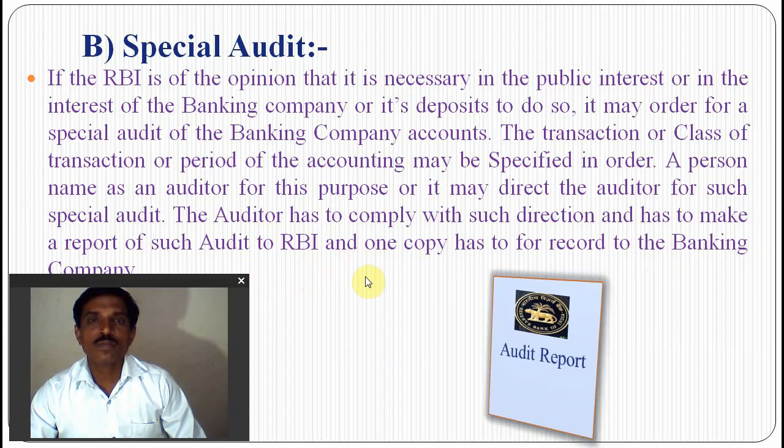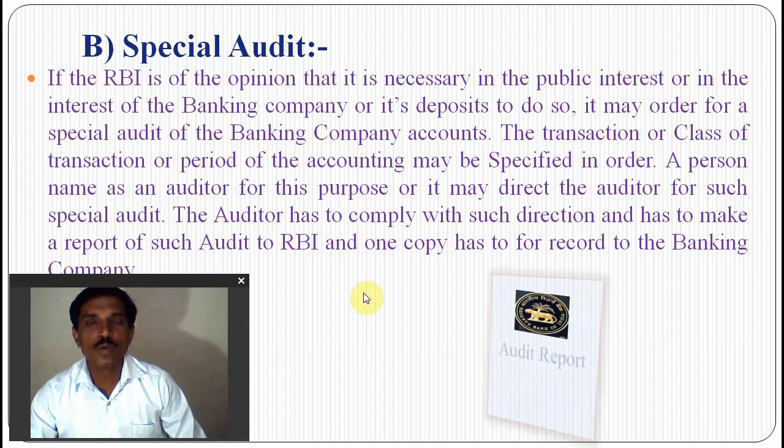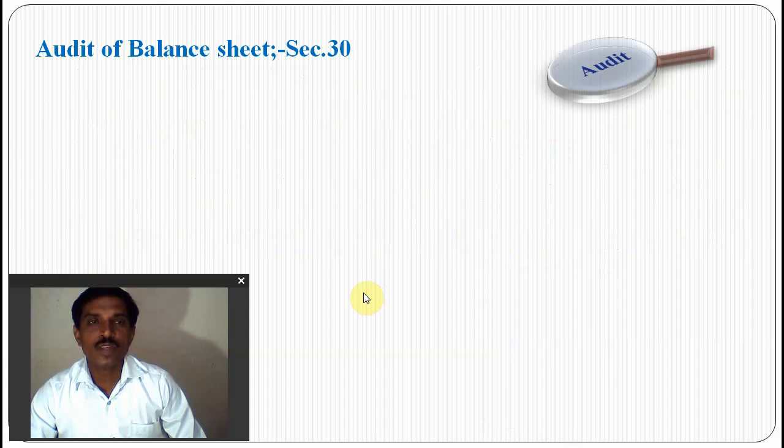So in the case of an emergency, in the case of insolvency, or in the case of any doubt of the RBI, at that time the RBI appoints a special auditor to audit the banking companies, and the auditor prepares the audit report and submits one copy to the RBI and one copy to the banking company.